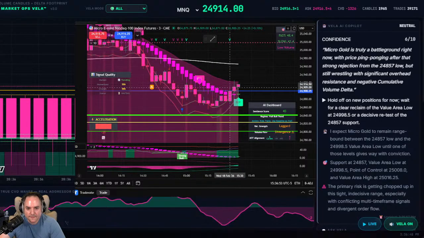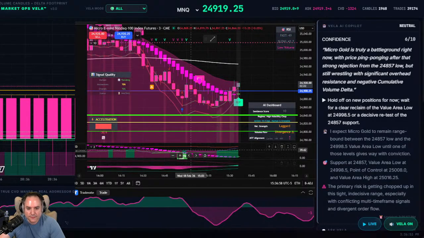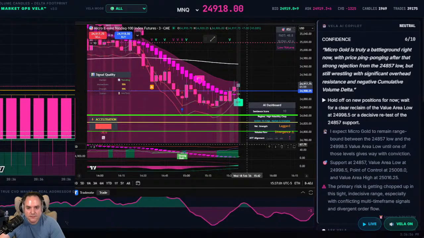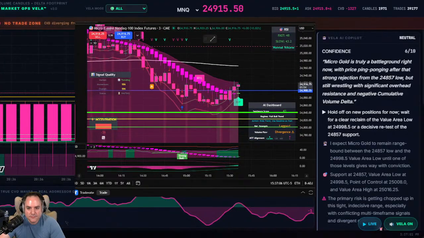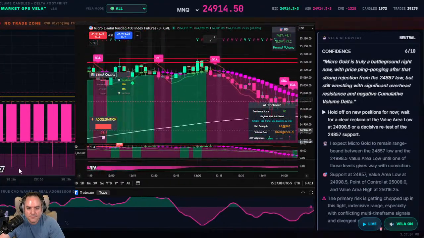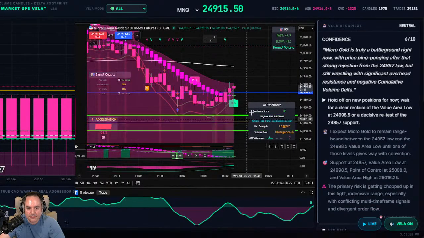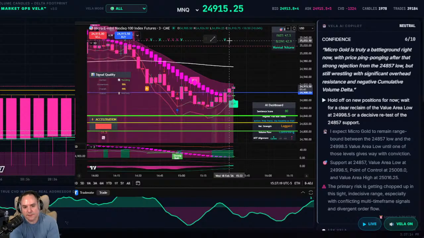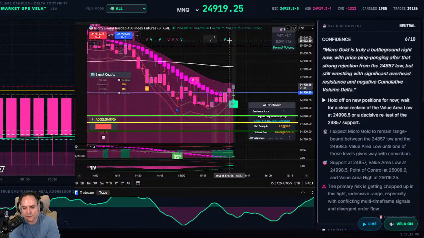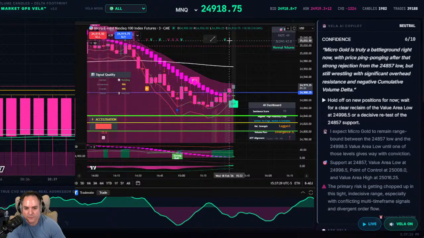We have that gravity band, the mountain is red. We've got the RSI mountain is green. So I don't want to enter in when I've got these kind of conflicting signals. And that's the big thing. Just gotta be patient. But it's easy to be patient when the levels are clear and you can see the buyers and the sellers. If you don't have that information, that's really hard.